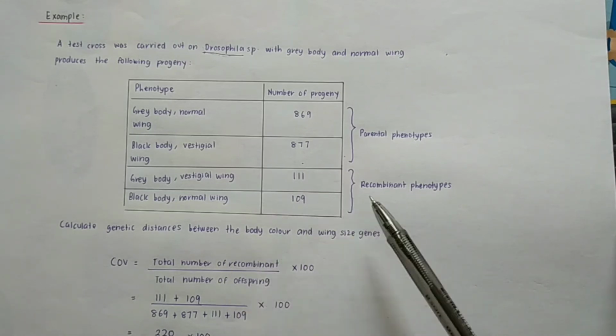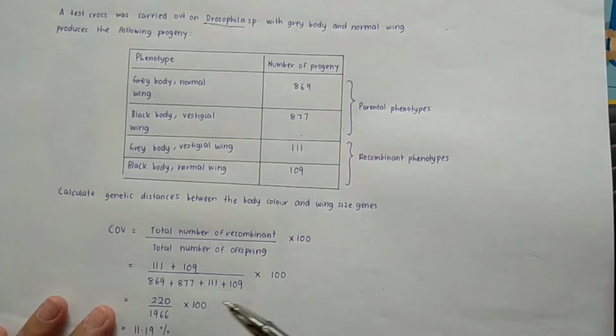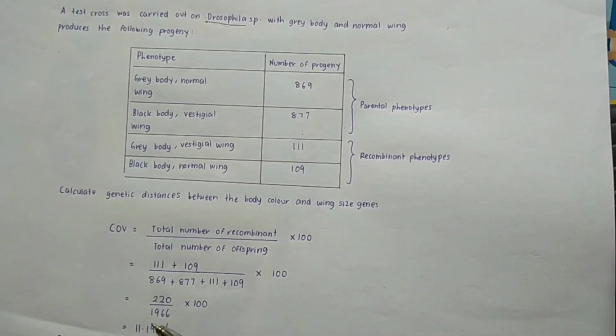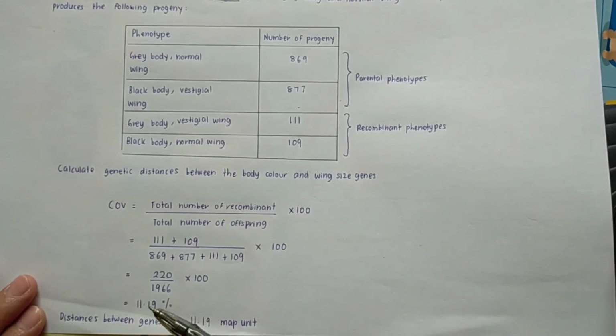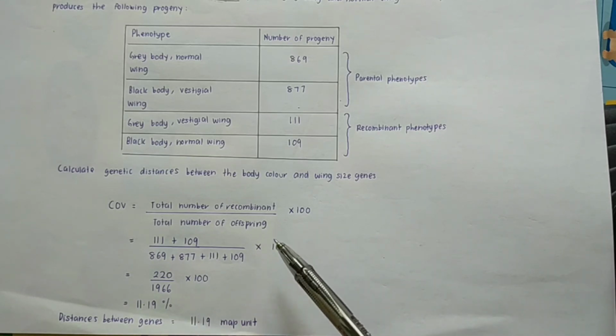The recombinants here are 111 plus 109 over total number of all offspring, maksudnya keseluruhan offspring ni bilangan dia berapa, times 100. Then you will get 220 over 1966 times 100. So the COV that you will get is 11.19%. Remember, you have to write the unit. The unit here is percent. Percent cuma tulis dekat sini sahaja. Dekat 100 ni jangan letak percent.